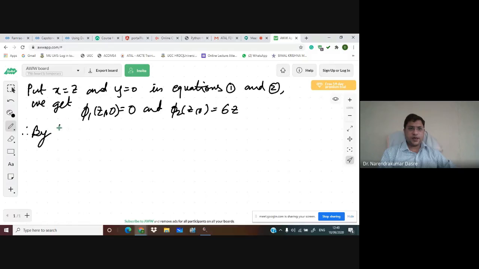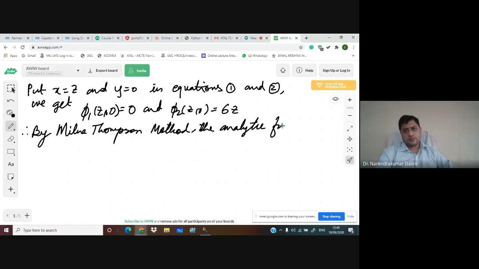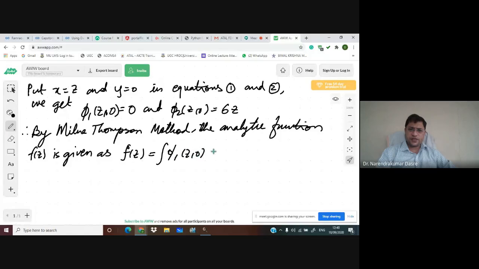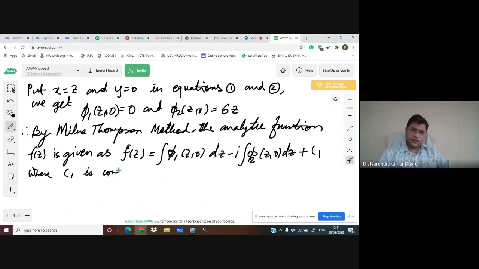So we can say by Milne-Thompson method, the analytic function f of z is given as: f of z is equal to integration phi1 of z,0 dz minus i integration phi2 of z,0 dz plus c1, where c1 is the constant of integration.